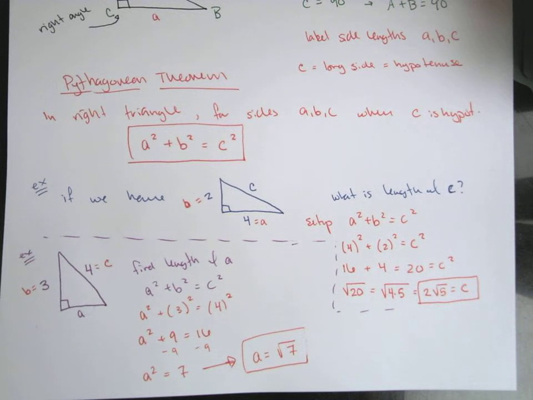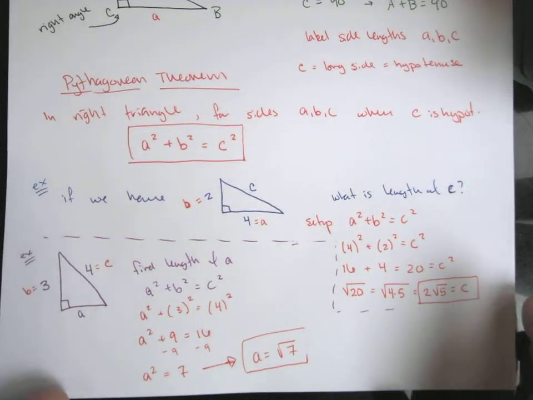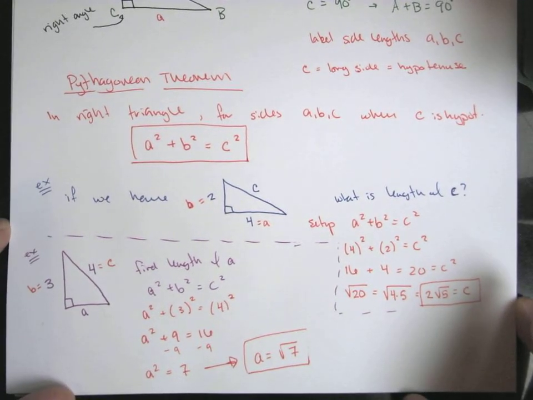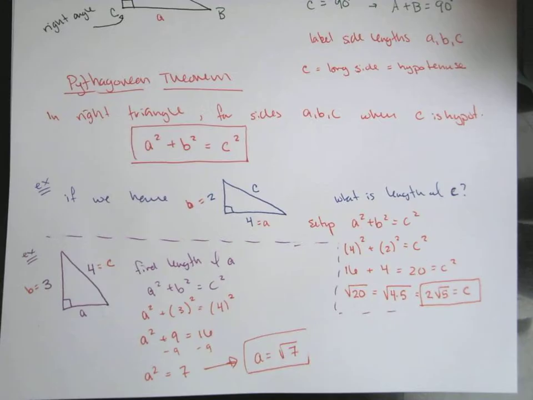So I can use the Pythagorean theorem in a right triangle, not every triangle, but in this particular case, if I know 2 of the side lengths, I can find the third side length. If you ever see people doing survey work, or carpentry work, or construction work, you can imagine where you would have the measure for 2 different lengths and need to find this long side, for example.